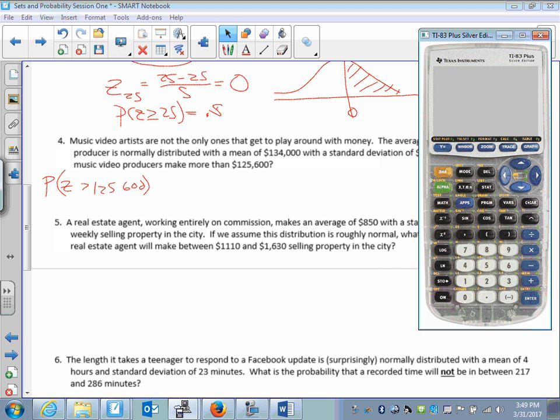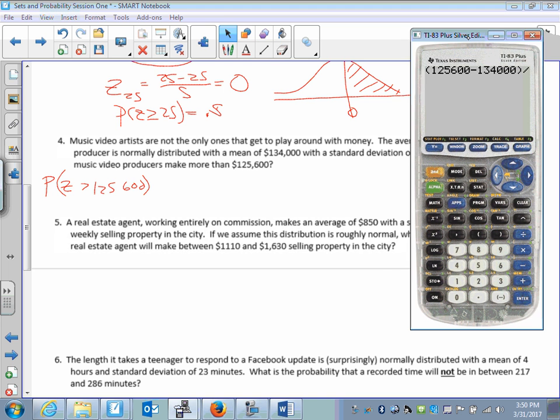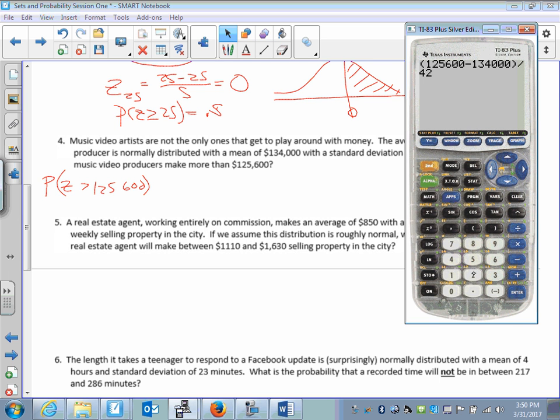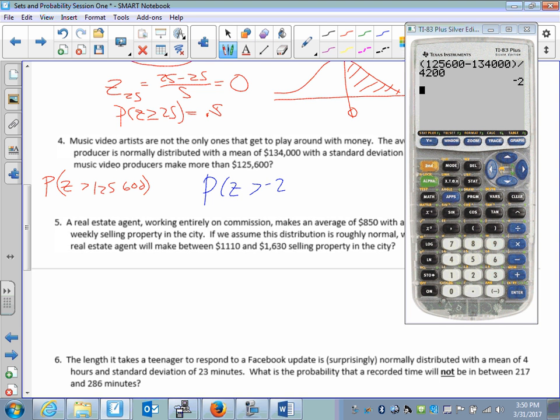We've got in parentheses 125,600 minus 134,000, divide by 4,200. Yeah, 4,200. So we get a z-score of -2. So the probability that z is greater than -2, we can do that by the empirical rule.